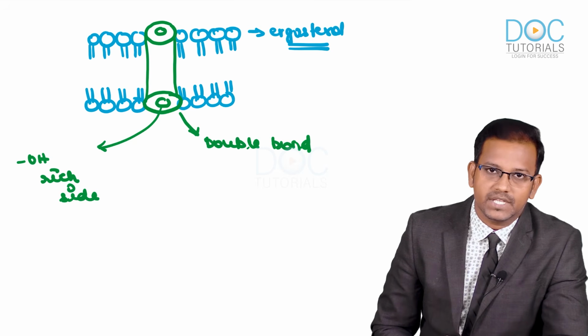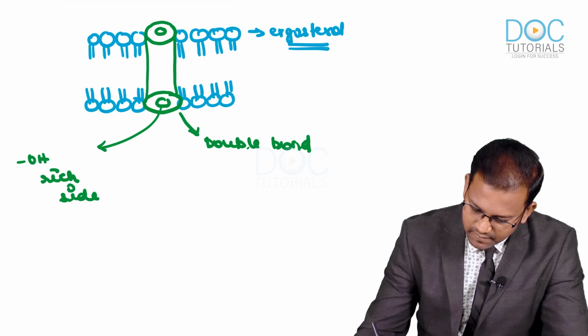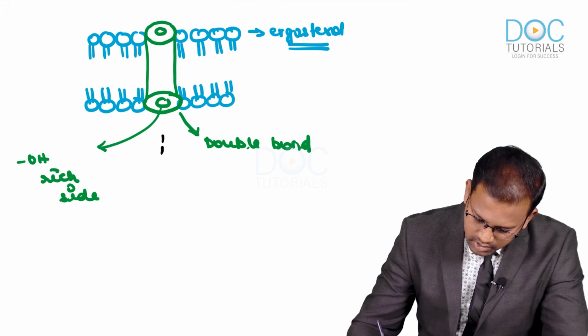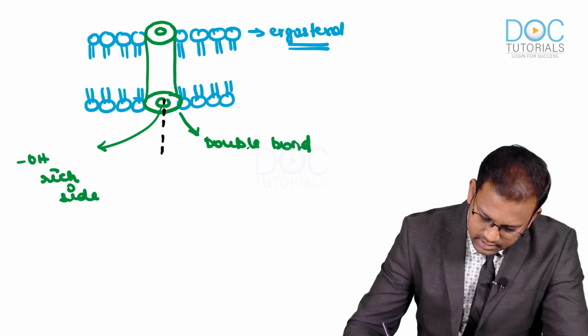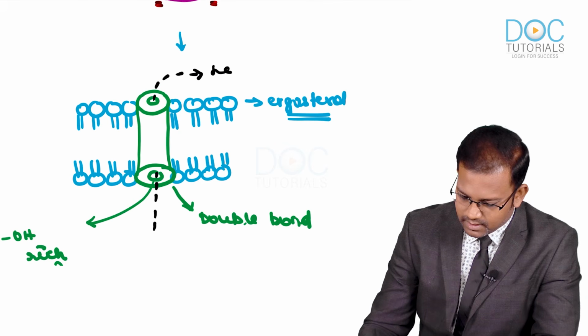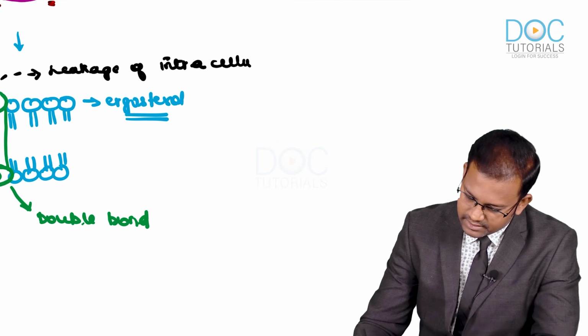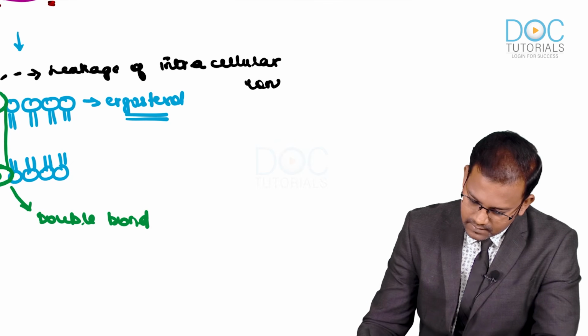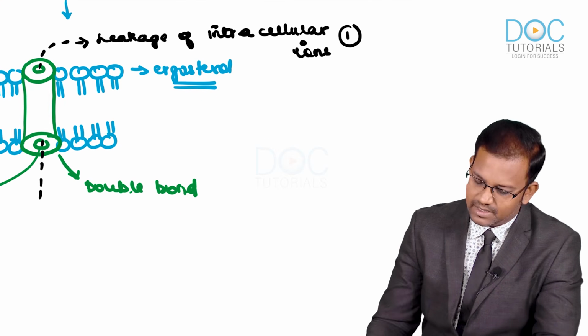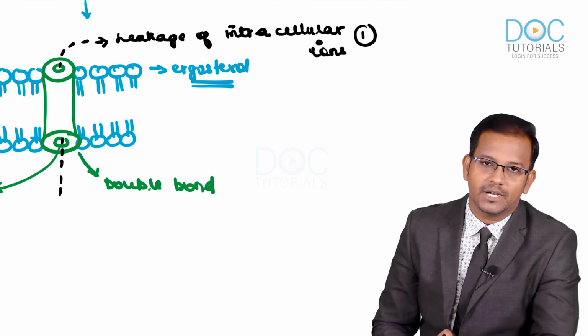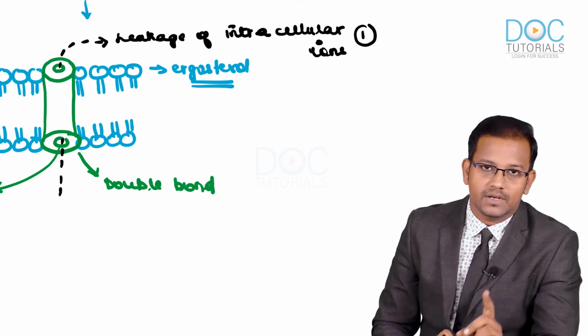Because of its binding with ergosterol, there is leakage of contents from the inside towards the outside via this hydroxyl rich area. This leakage of intracellular contents is one of the most important reasons why the fungus stops multiplying and dies. That is one mechanism.